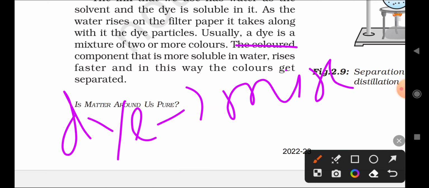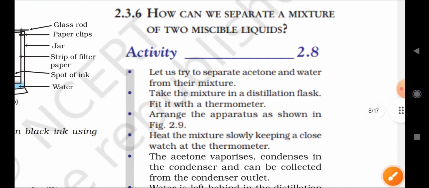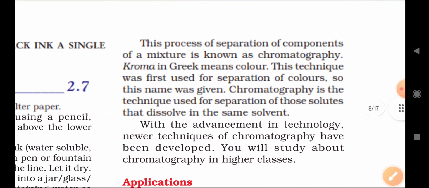In this way the colors get separated. In this method we can separate the colors from their mixture, right?